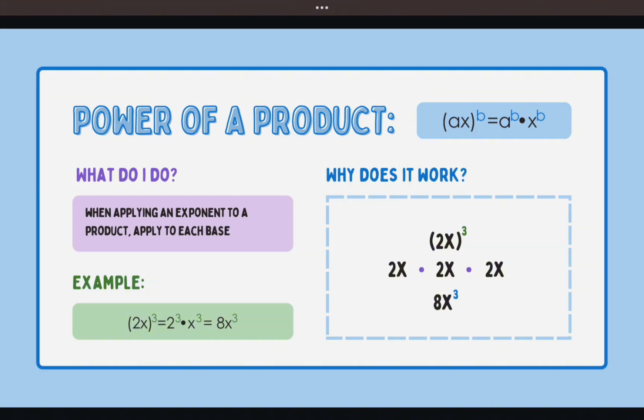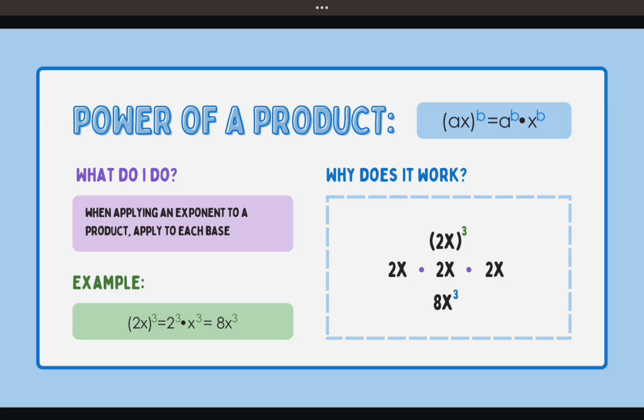Power of a product. When applying an exponent to a product, apply it to each base. For example, 2x to the power of 3. We have two bases. The first base is 2 and the second base is x. So we must apply the exponent to each base.